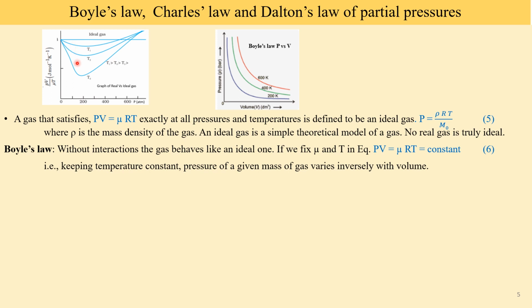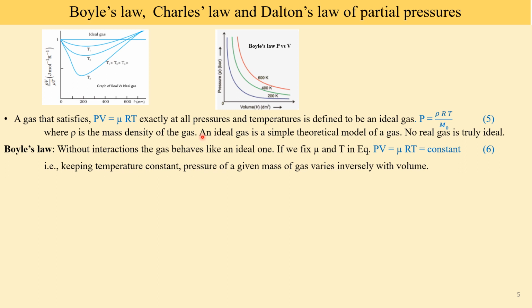That is, if mu, R and T are constant, P is inversely proportional to the volume, and this graph is plotted in the second graph. And we can see here, this is the famous Boyle's law.